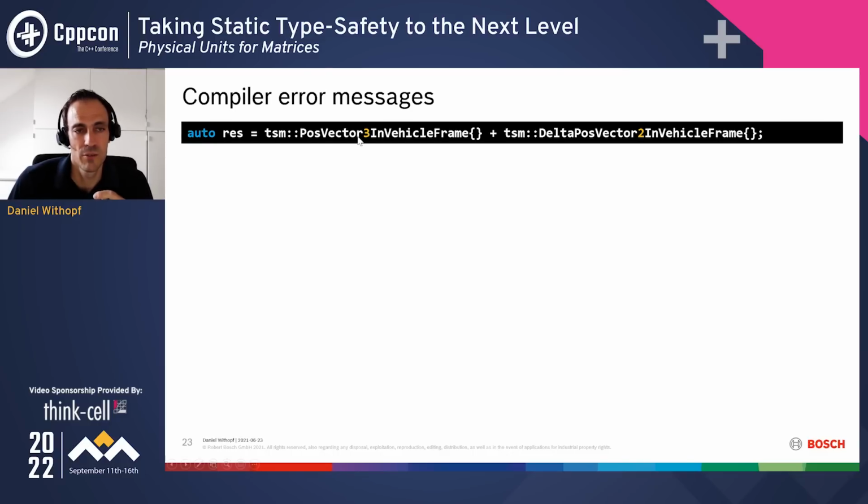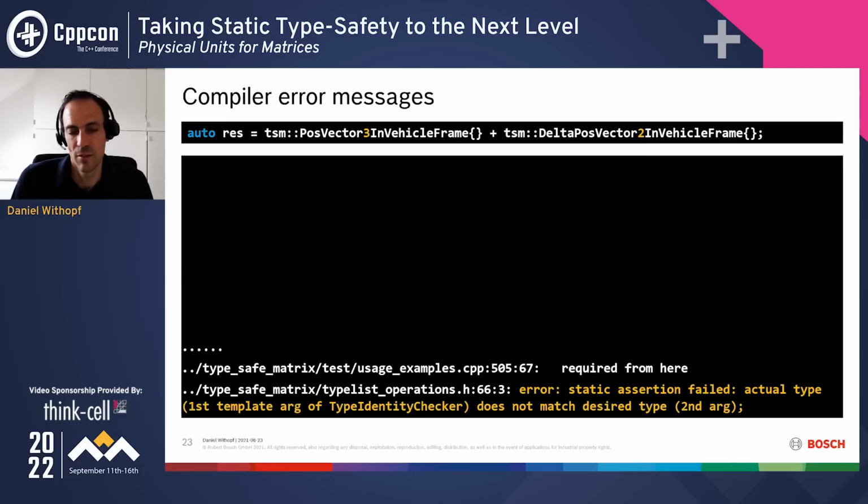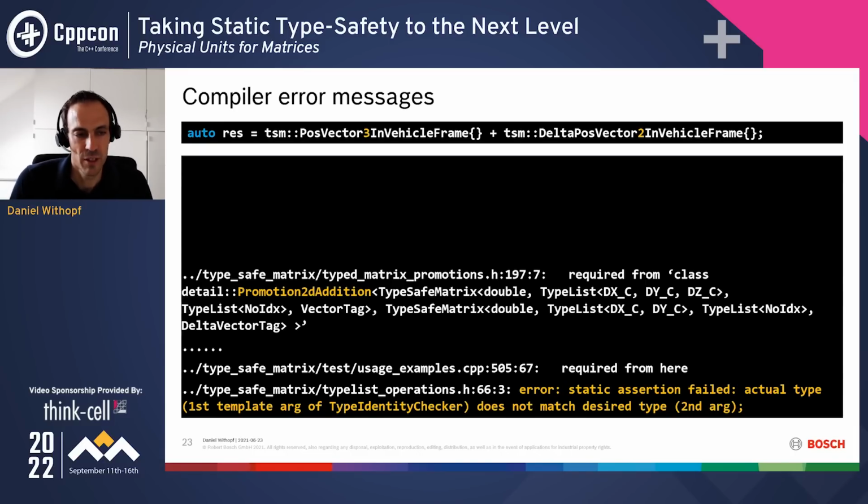So here we're adding a 3-dimensional vector to a 2-dimensional vector. And this now shows what the error messages look like in that case. First of all, we get a static assertion from the type identity checker that we've seen on the previous slide. Then, if we continue in the instantiation history, we can see that this originates from promotion to the addition.